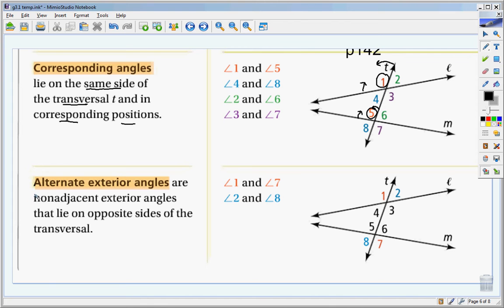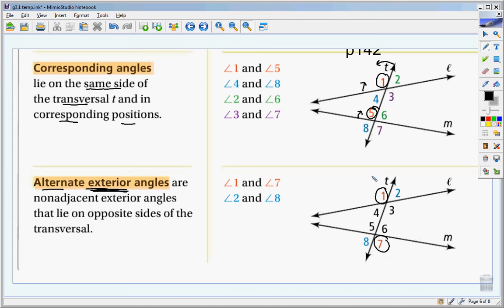The other angle type that we're going to talk about is alternate exterior. Again, exterior means that I'm dealing with 1, 2, 8, and 7. They're on the outside of the lines. Alternate means that we're going to be on opposite sides or alternate sides of the transversal. So 1 and 7.